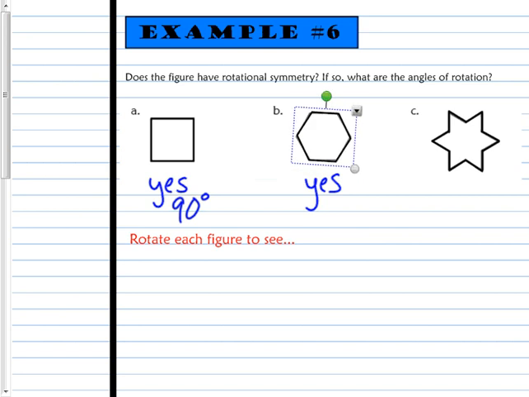So the way I find this: it has rotational symmetry, and I count the vertices. It has 1, 2, 3, 4, 5, 6. Well, 360 degrees is a full turn. So 360 divided by 6 is 60 degrees. So 60 degrees is the smallest amount I can turn it for an angle of rotation. Okay, please find letter C on your own.